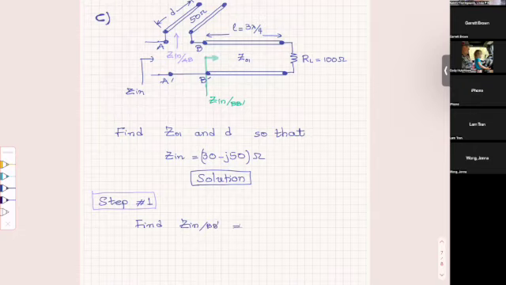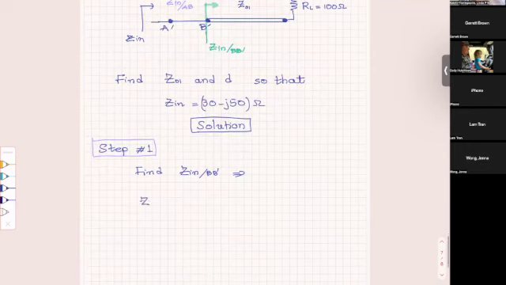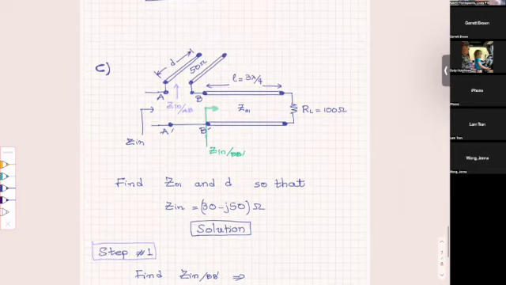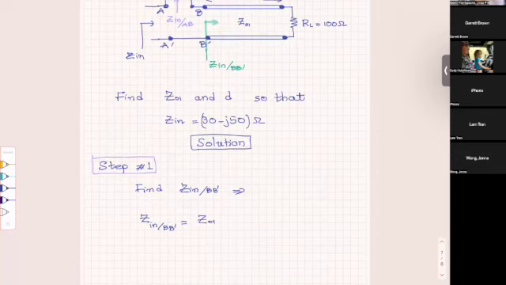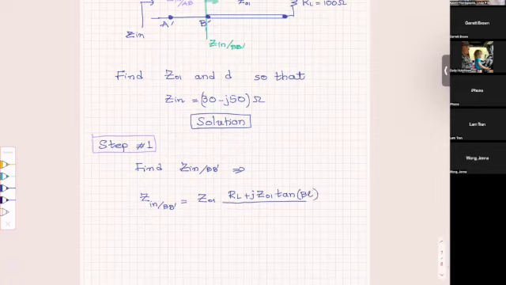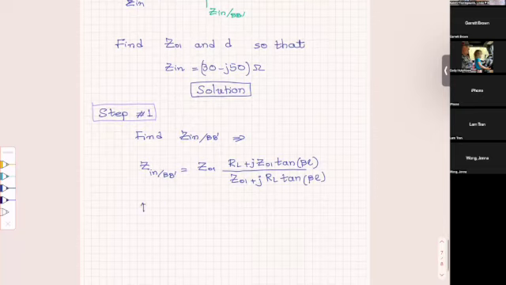And therefore, as before, Z input at BB prime equals Z01, which we don't know, times RL plus j Z01 tangent of beta L, over Z01 plus j RL tangent beta L. Okay, how much is beta L?